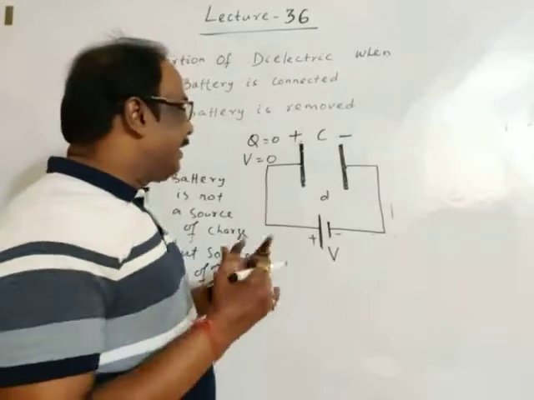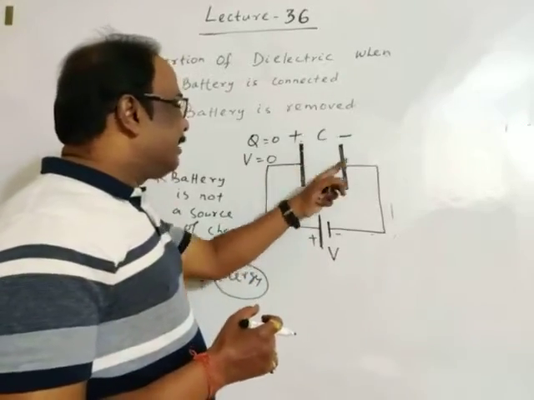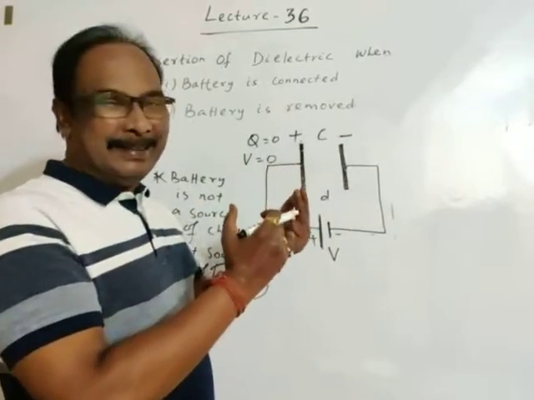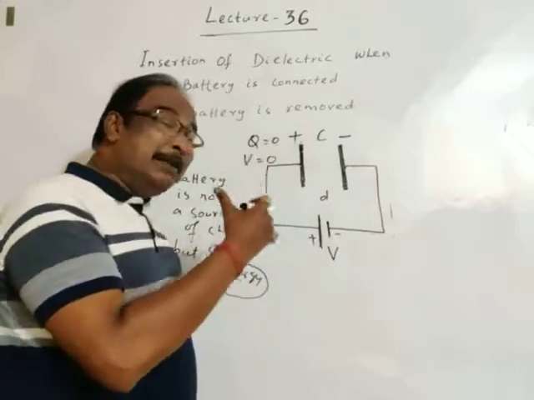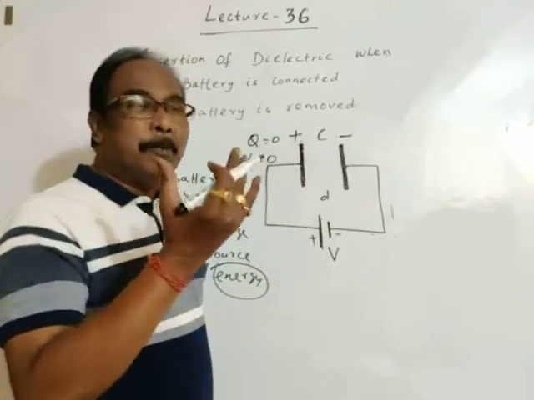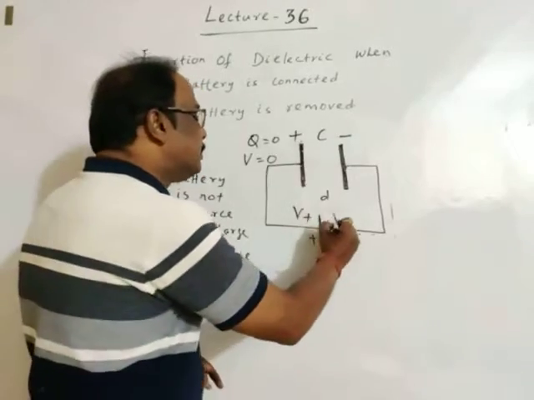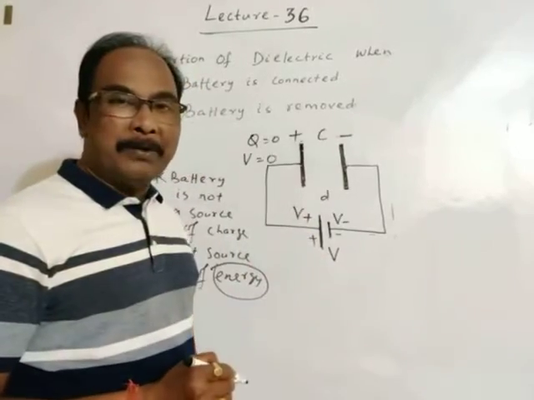When the battery is connected, the plates go on charging, and the charging process continues. Suppose this is positive potential V plus and this is negative potential V minus.